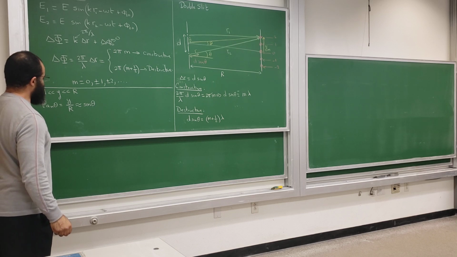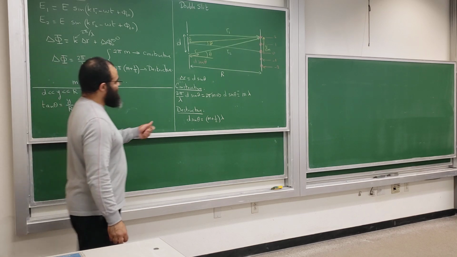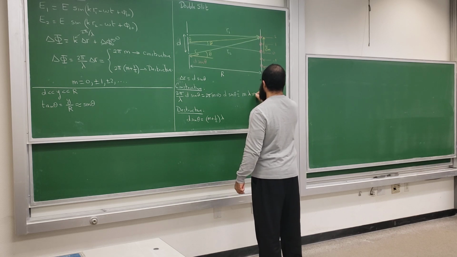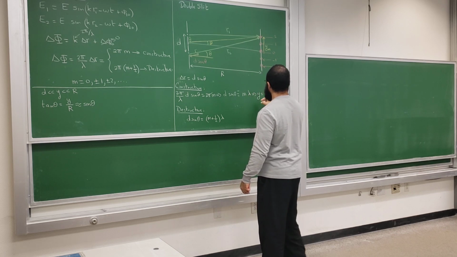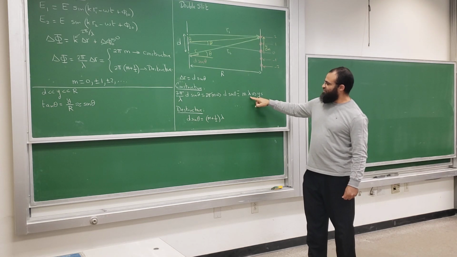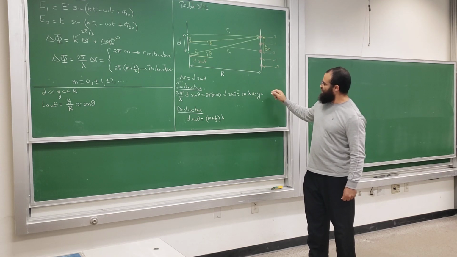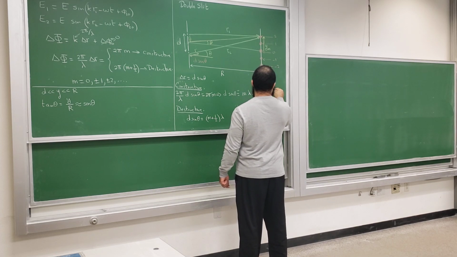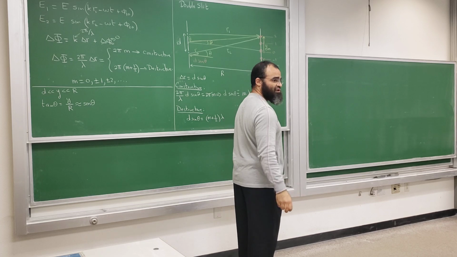And so we can replace sine theta by y over r and solve for y, and that will give you the direct position of the bright spots. So it would be m lambda r over d. That's the location of the bright spots.